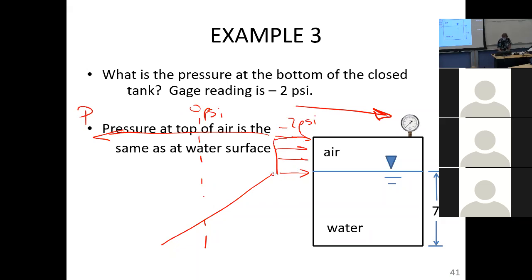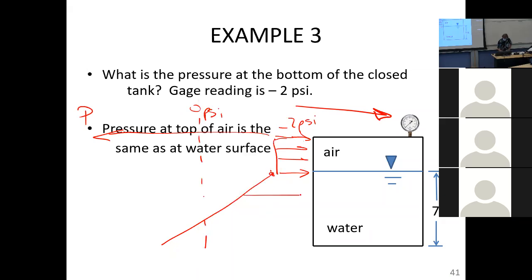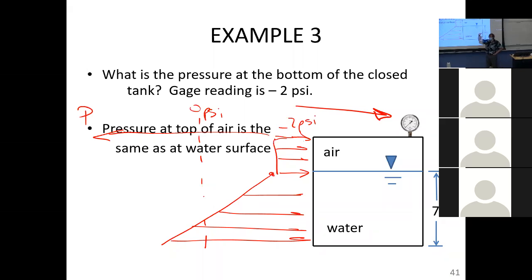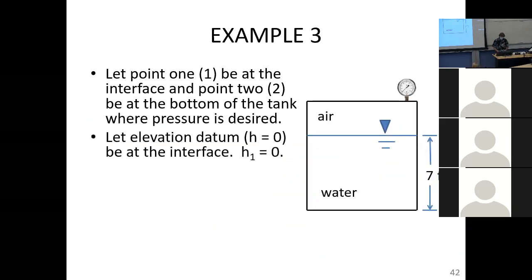So we would start at the surface of the water at -2 psi, and then as we move into the fluid, the water in this case, we're getting higher and higher pressures. Somewhere between the top of the fluid, where you have -2 psi, and the bottom, you probably have a 0 pressure somewhere. We'll see. So the question is, if the pressure in the air is -2 psi, we know the pressure at the interface is also -2 psi. And so what we're after is what's the pressure on the bottom of the container.